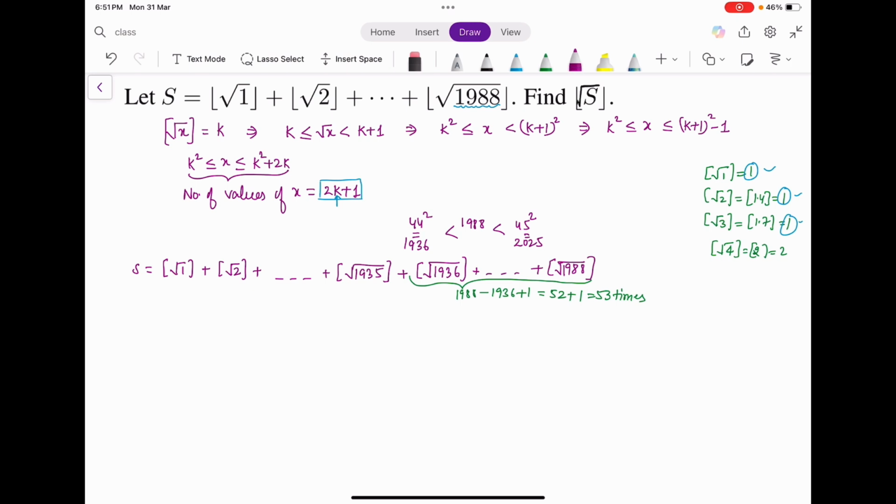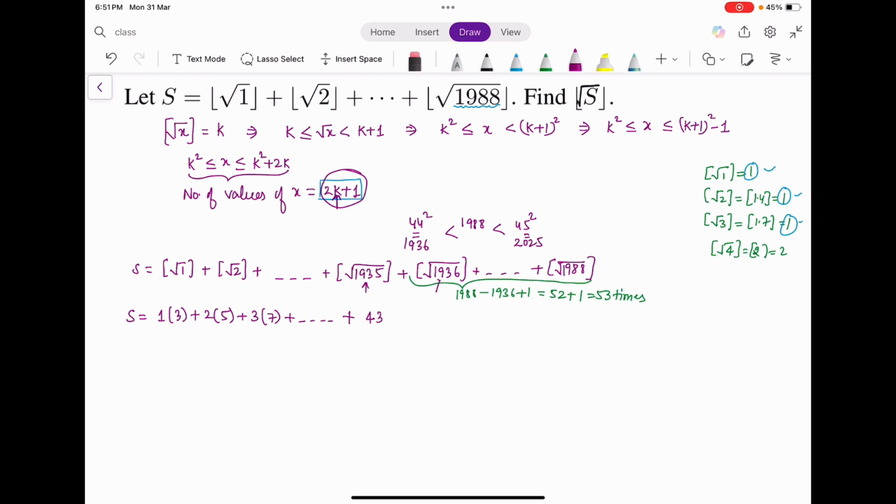Now for this sum S, for root 1 I will calculate with the formula we just obtained. 1 I am getting 3 times. Similarly, 2 I will be getting, put k value 2 here, so 2 times 2 plus 1, 5 times. Similarly 3 I will be getting 7 times, and this will continue. And 1935 that we just talked about will be the last 43, greatest integer 43.